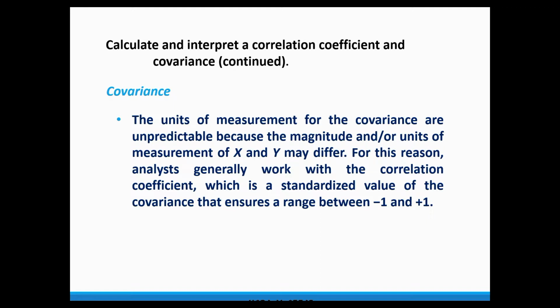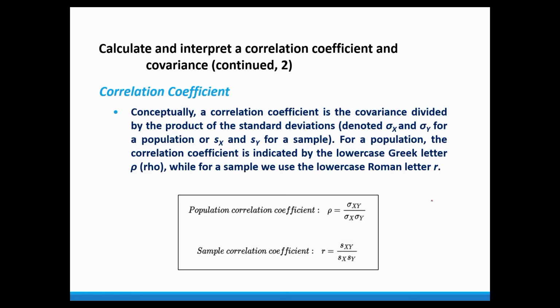So after calculating the covariance, we can get a value of the correlation between the two variables. In the correlation coefficient, we also eliminate all the differences between the variables, and it's considered as a standardized value of the covariance, which will be in between the range of -1 and +1.